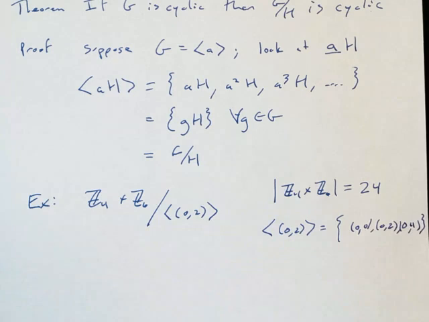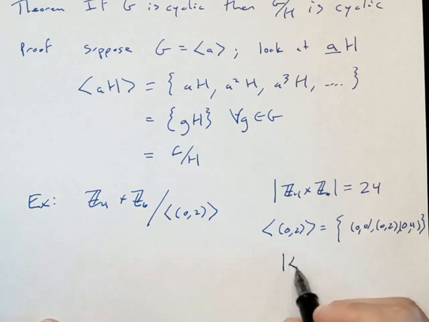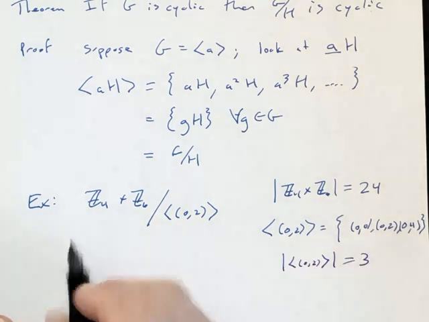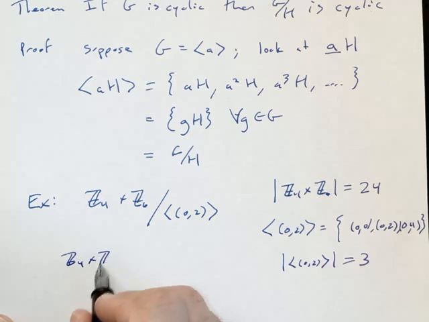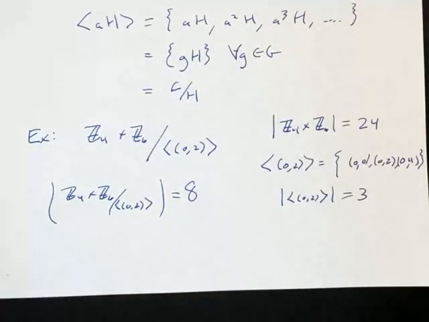Because then I wrap around, I get 6, and I'm done. I can't go any further. I don't have to go all the way to 24. I only have to go to the second coordinate. So that's a group of size 3. Which means this group has order 8. I should get 8 cosets.